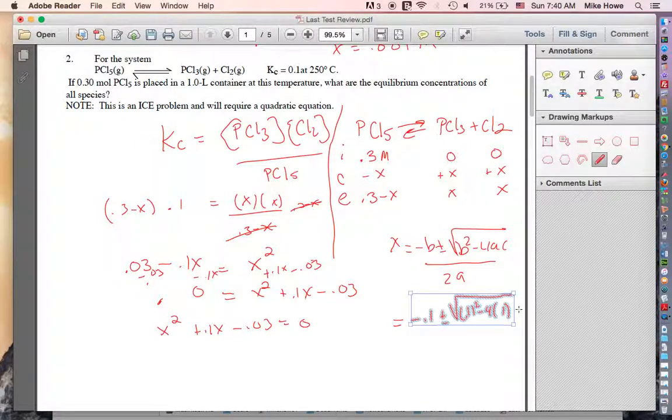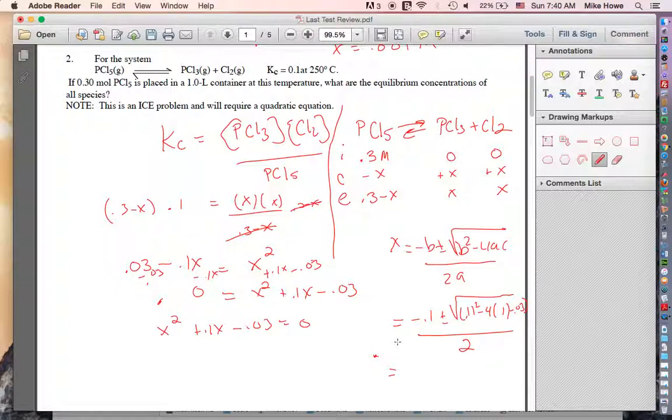You got to watch that negative 0.03, because that changes the sign underneath the radical here. Once again, the a term is 1, the b term is 0.1, the c term is negative 0.03. And all that's divided by 2a, which is 2.